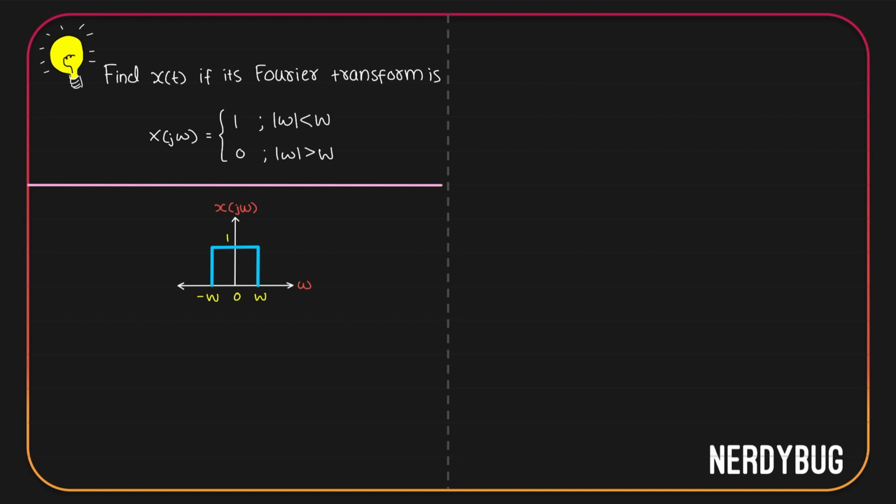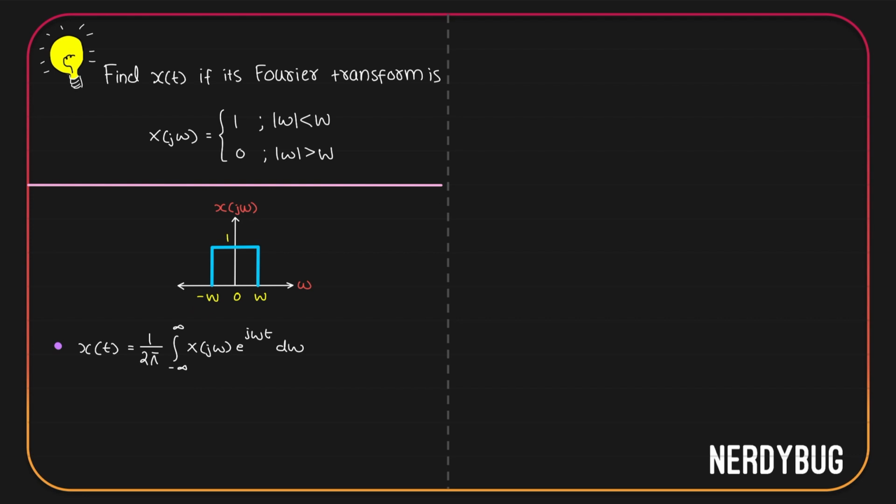To find x of t, we have to use the inverse Fourier transform. We can write x of t is equal to 1 by 2 pi integral from minus infinity to infinity x of j omega e raised to j omega t d omega. But x of j omega is non-zero only between minus w and w, so we don't have to integrate from minus infinity to infinity.